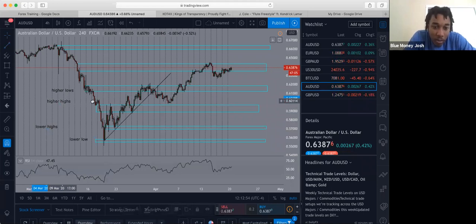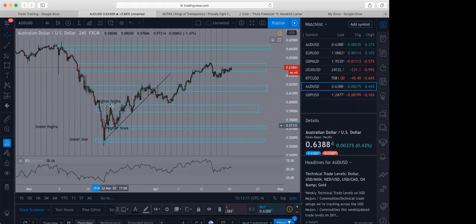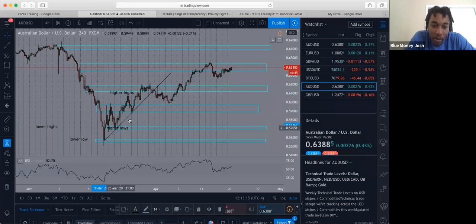For these, it's going to be higher highs and higher lows because this is where it started, and this is the new high now. It came back down to touch the trend line. This is the new low, because it's higher than this low. So now it goes up: higher high, higher low, higher high, and then higher low.